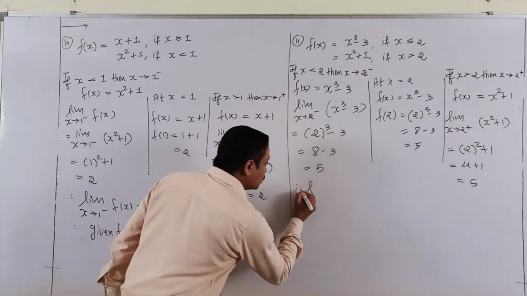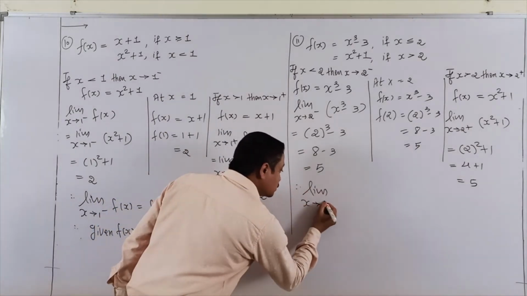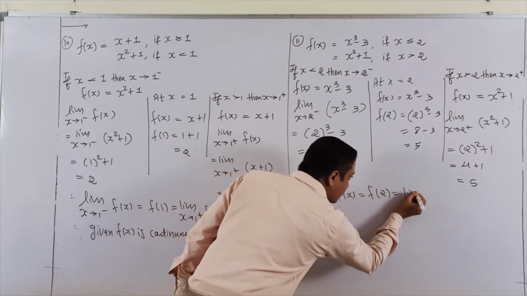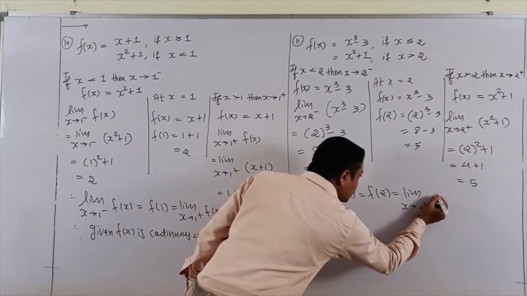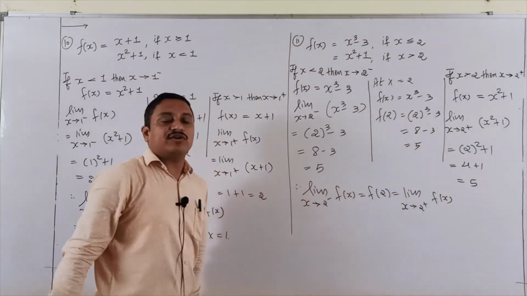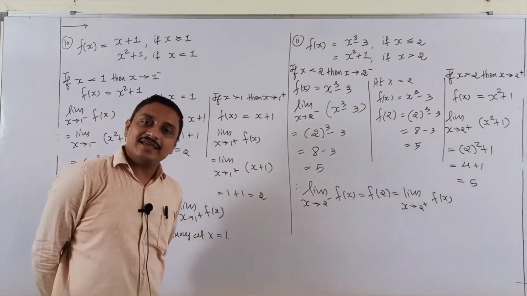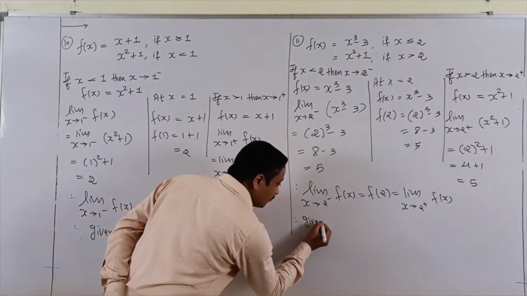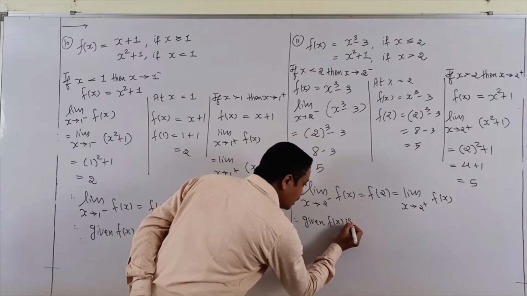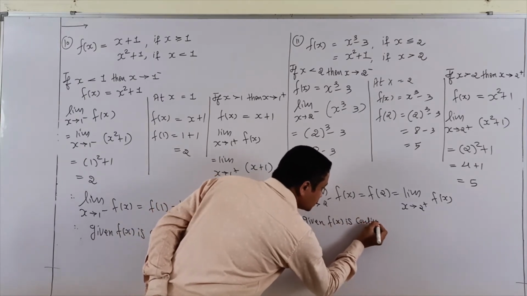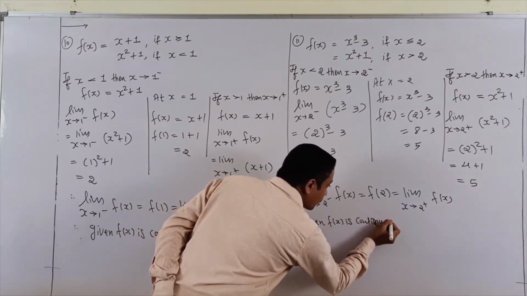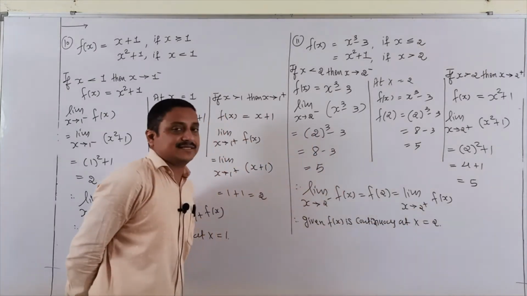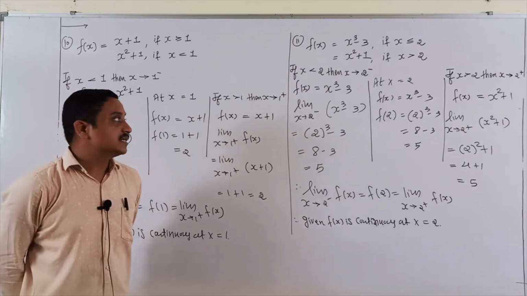That's why the limit as x tends to 2 negative of the function is equal to f(2) and equal to the 2 positive function. Finally, all values are equal. So, by definition, the given function is continuous at which place? Yes, at x is equal to 2.